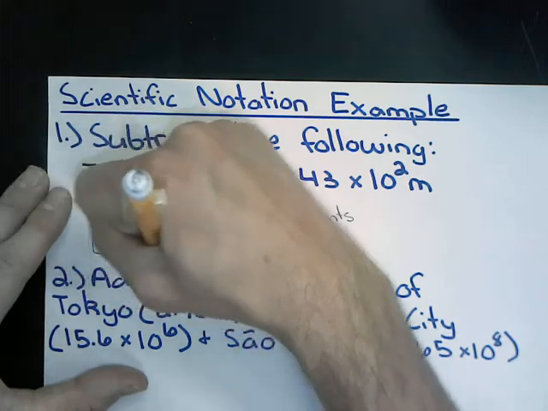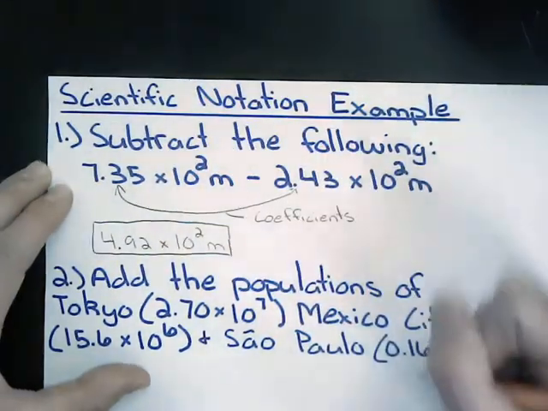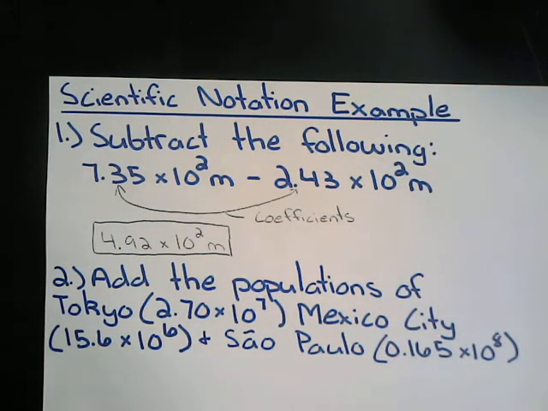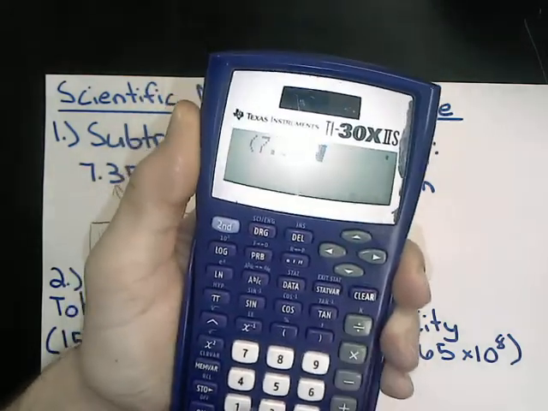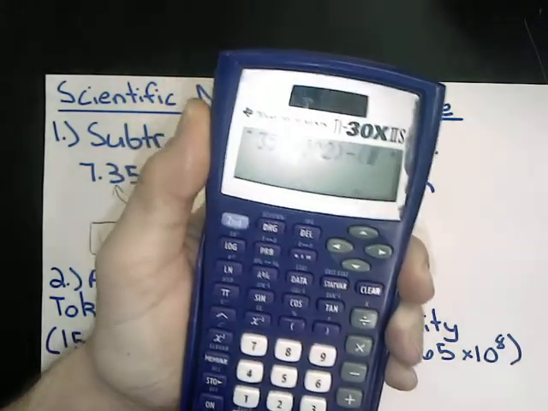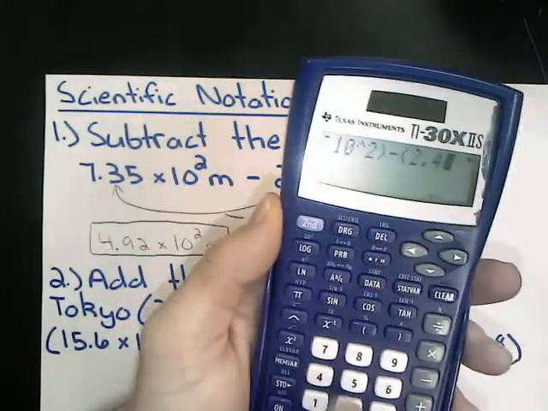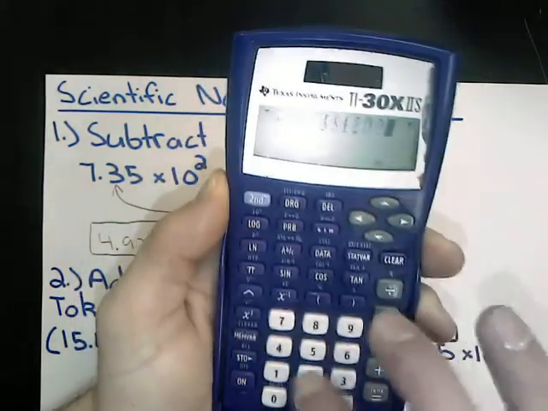Now, if you are unsure of yourself, you can always do this calculation in your calculator. So what I'm going to do here is 7.35 times 10 to the second power minus 2.43 times 10 to the second power.